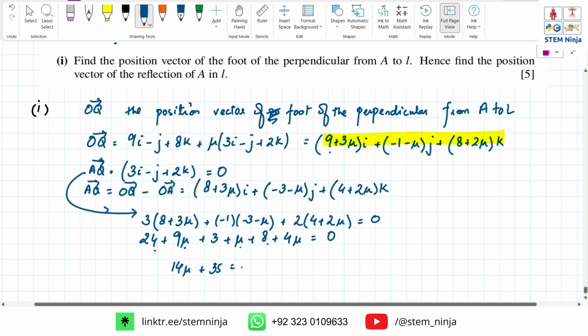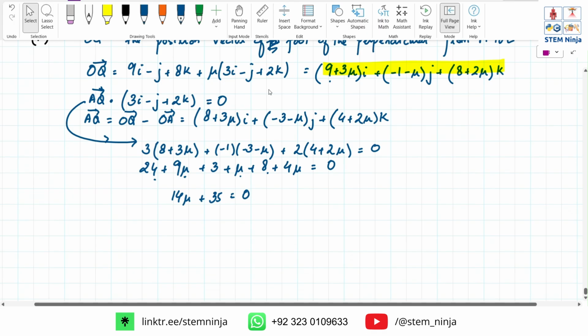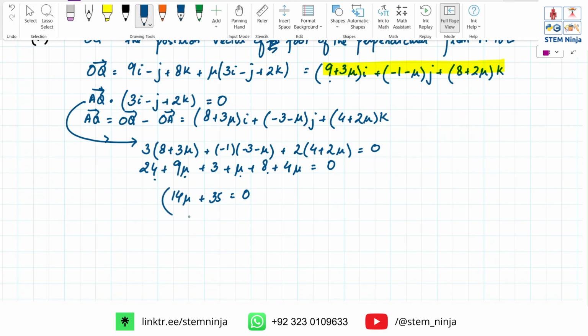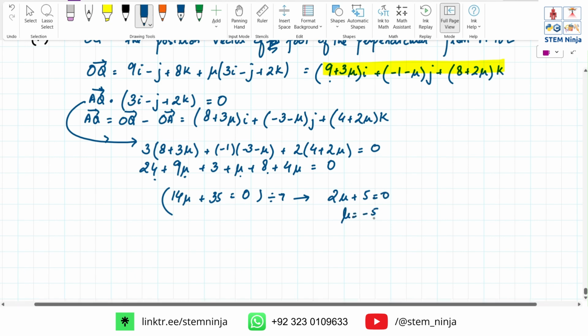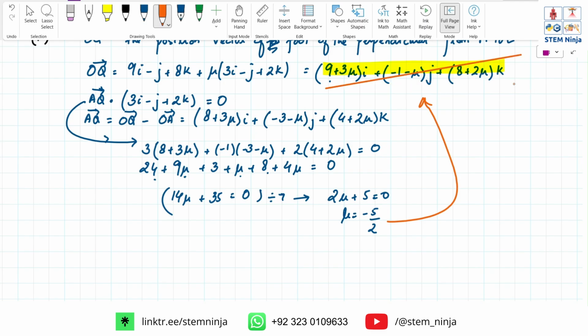As you can see, these coefficients are divisible by 7. So when you divide this equation by 7, this leads to 2 mu plus 5 equals 0. So mu is minus 5 over 2. Now we have to plug this in. Oh, sorry, no, in this OQ.